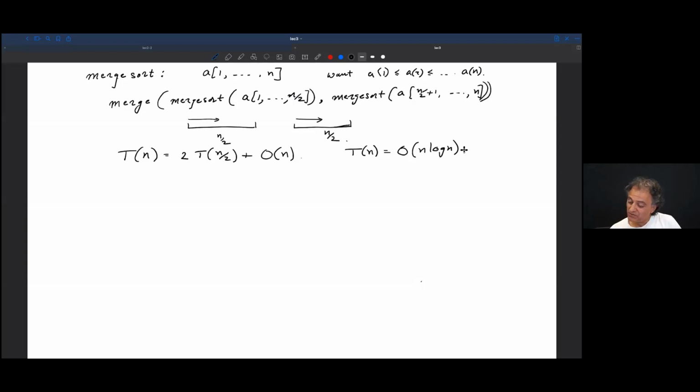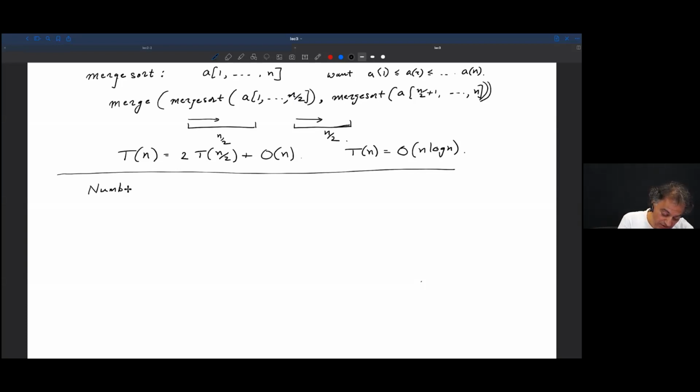Now what we want to do is something slightly different. What we'd like to do is solve this problem of figuring out the number of inversions. Okay, so what do we mean by an inversion?